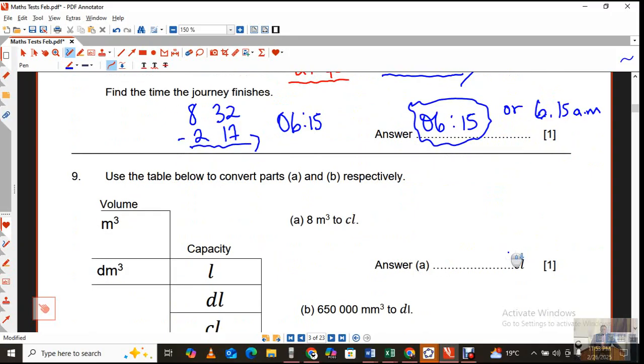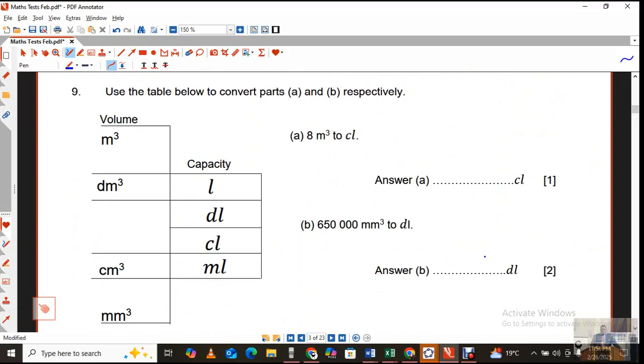Question 9. I have a table over here that is going to help you to convert between volume and capacity. Just to explain a bit, on this side, cubic meters is bigger than cubic decimeters, which is bigger than cubic centimeters, which is obviously bigger than cubic millimeters.